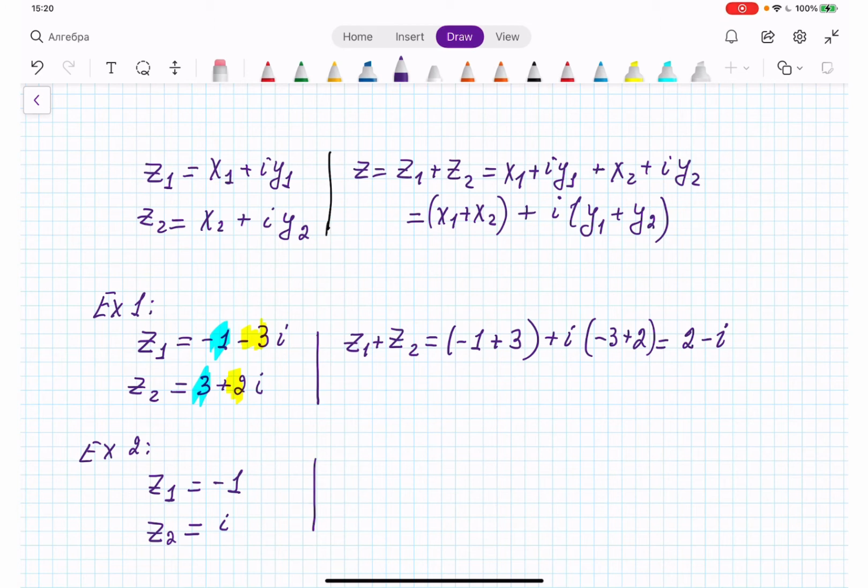Well, in this case, it can be easier than that. z1 consists of only the real portion of the complex number, and z2 consists of only the imaginary portion of this number. So at this point, z1 plus z2 is equal to -1 plus i. That's all. Okay.